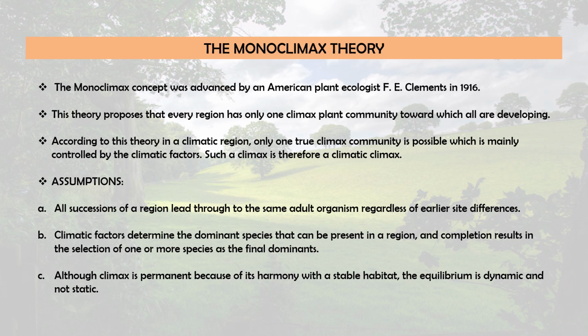According to this theory, in a climatic region only one true climax community is possible, which is mainly controlled by the climatic factors. Such a climax is therefore called a climatic climax.